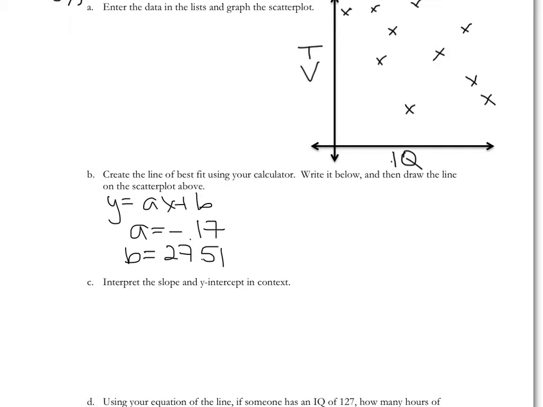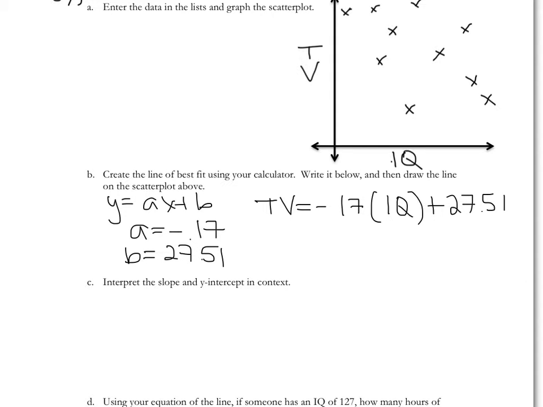My Y-axis is labeled TV, so I'm going to say TV equals negative 0.17 times IQ plus 27.51.